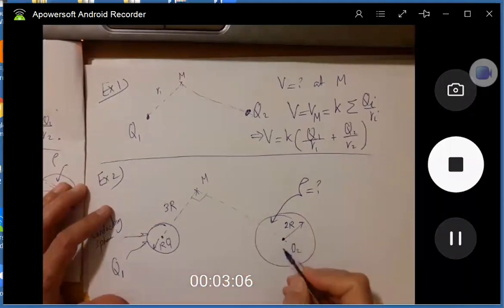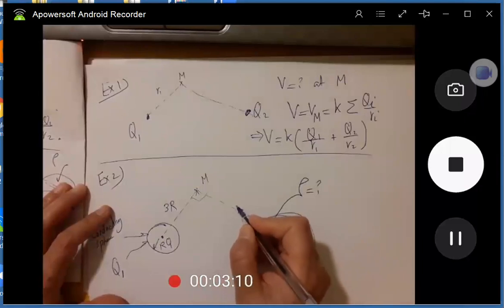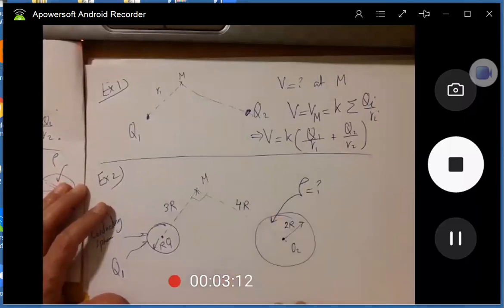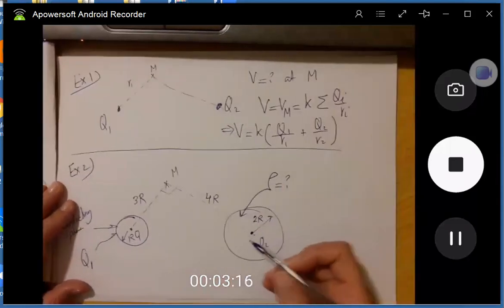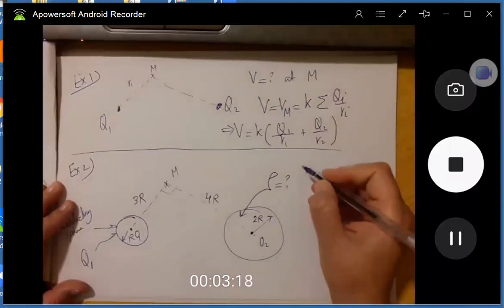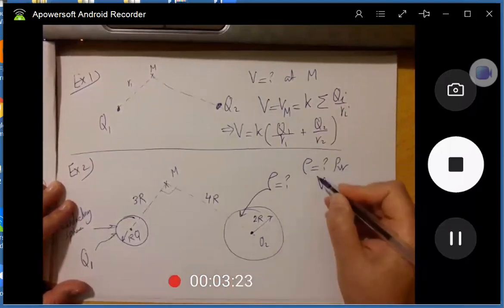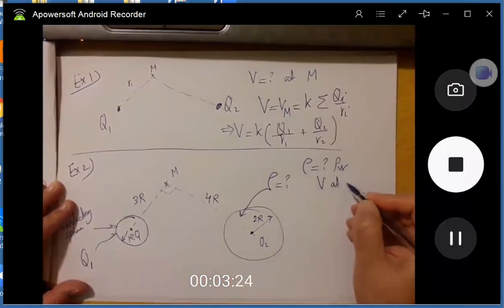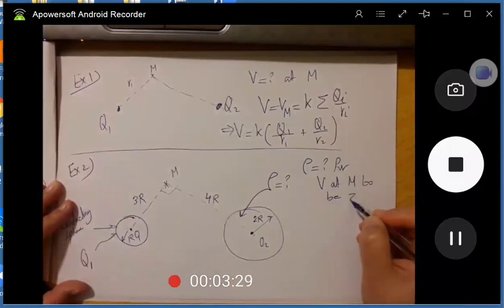The distance between O2 and M is 4R. I am interested in determining rho equal to what, for V at M to be, say, 0.